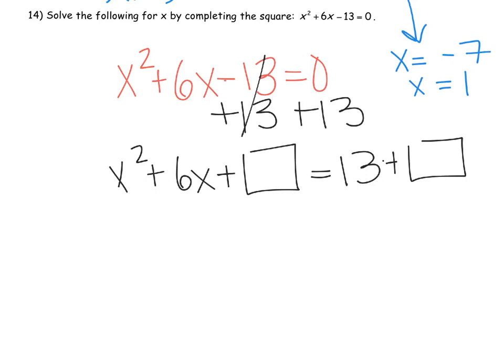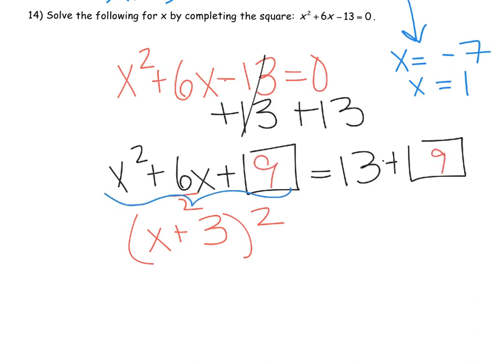Now, when we complete the square, we're going to take our b term, half of it, and square it. This whole thing becomes this right here. Now I'm just going to combine the right-hand side.